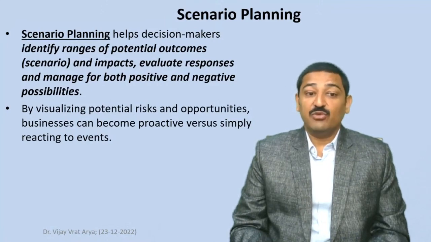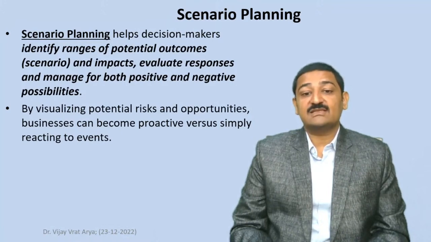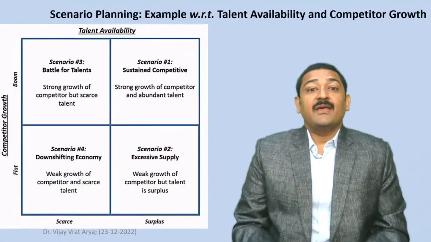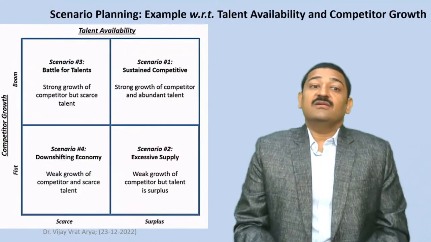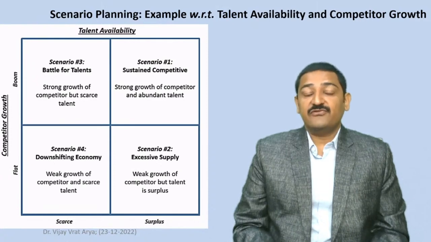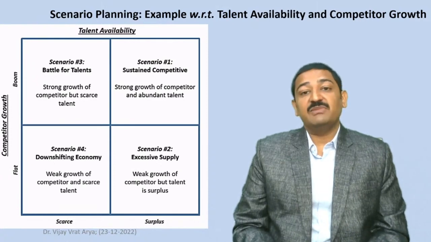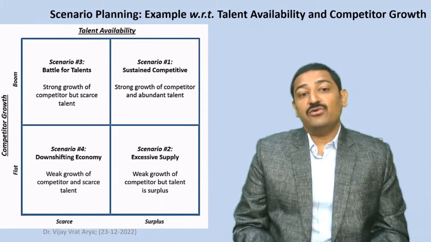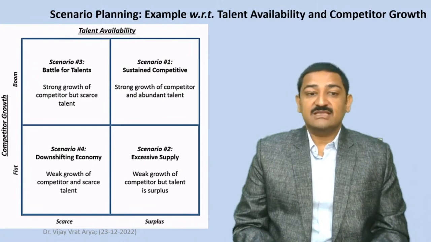By visualizing potential risks and opportunities, businesses can become proactive versus simply reactive to events. As an example of scenario planning, we have considered two such aspects, that is a kind of relation between talent availability and competitor growth. So from that perspective, there are four such scenarios considered here.